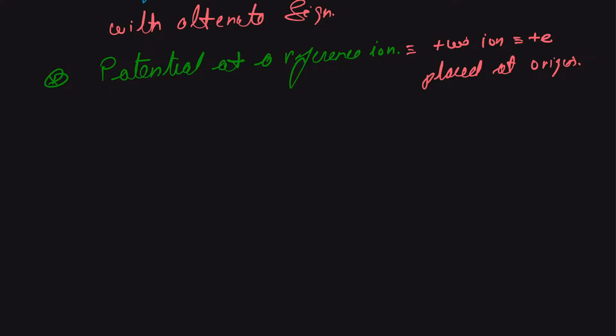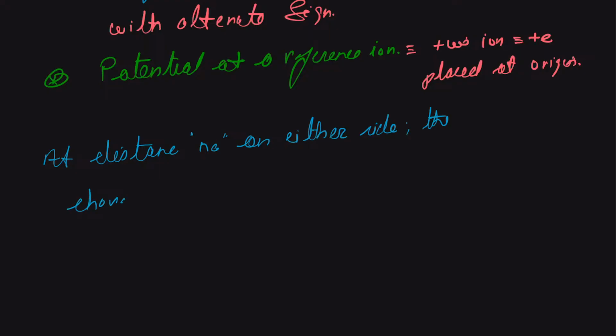So you can say that at a distance nA, because there are n number of charges on either side, the charge is, and we can write a general formula, Q of n will be equal to minus 1 raised to power n times E, and the value of n is going to vary from 1, 2, 3 and so on.